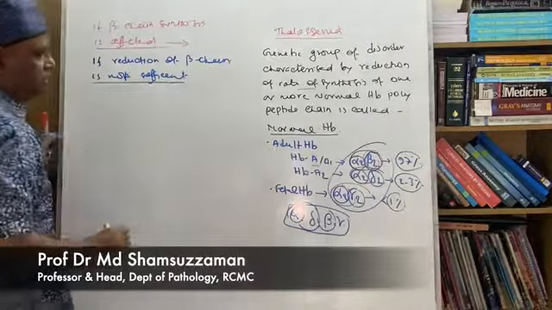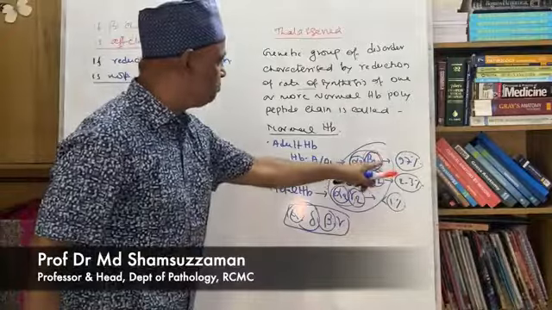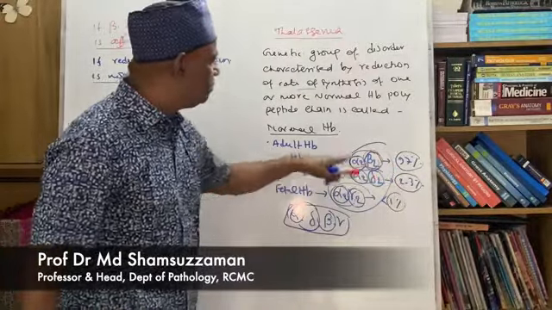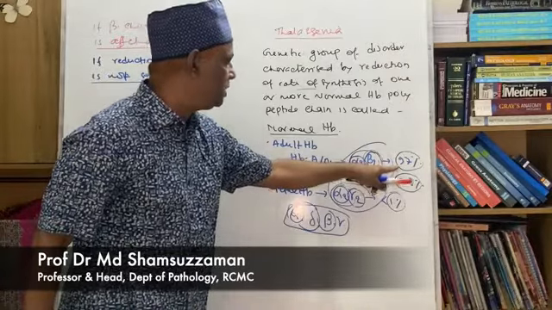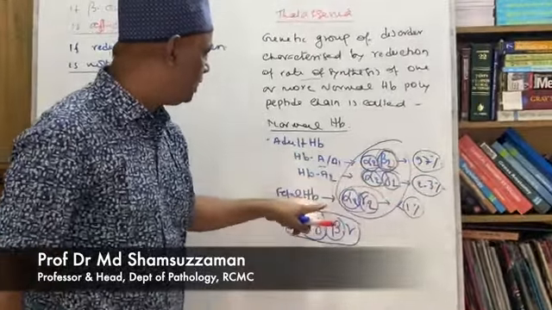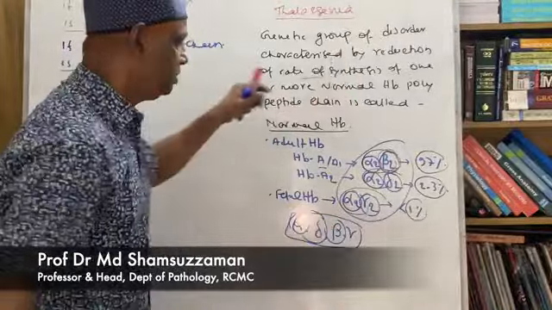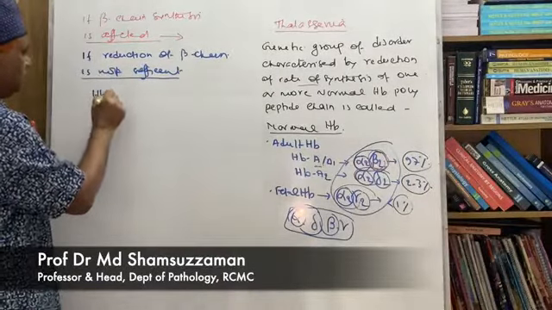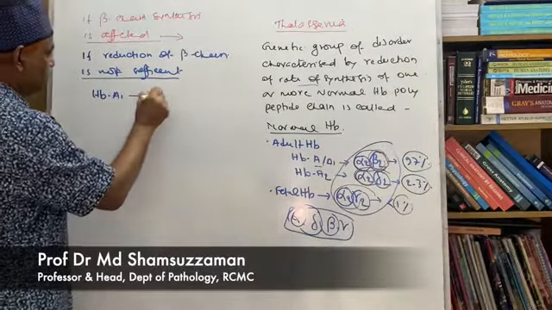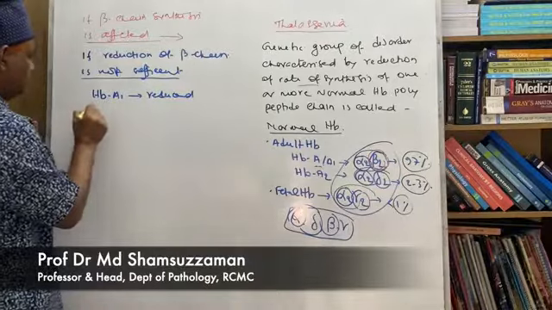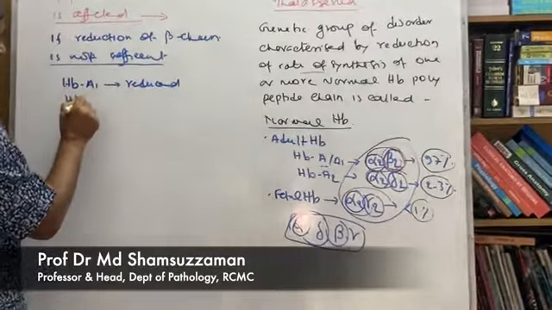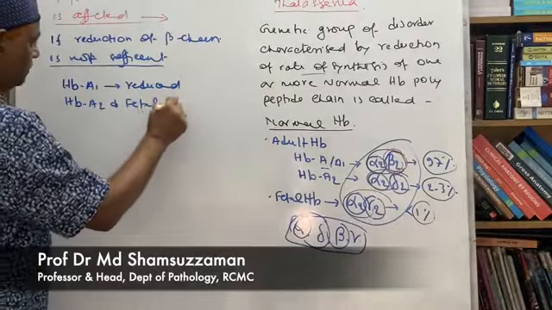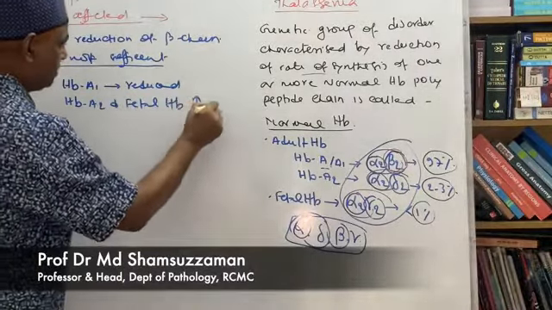If not sufficient reduction of beta chain synthesis, what will happen? A1 will be reduced, and at the same time, A2 and fetal hemoglobin will be increased. Here hemoglobin A1 is reduced, but hemoglobin A2 and fetal hemoglobin will be increased.